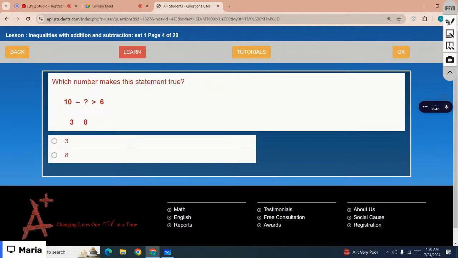Which number makes the statement true? 10 minus what number is greater than 6?